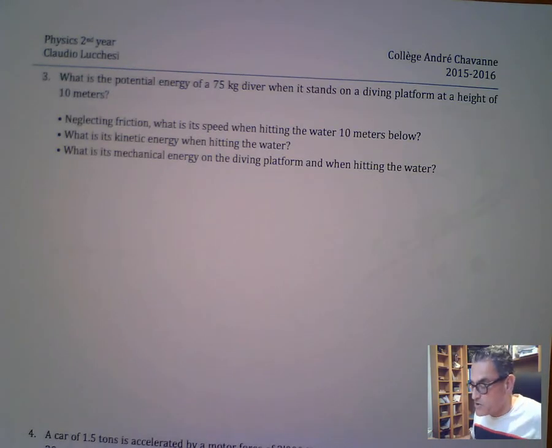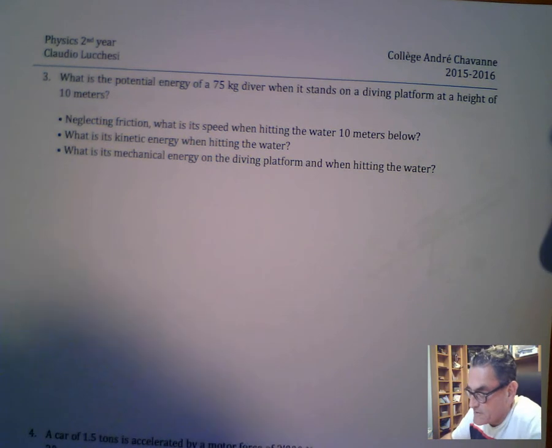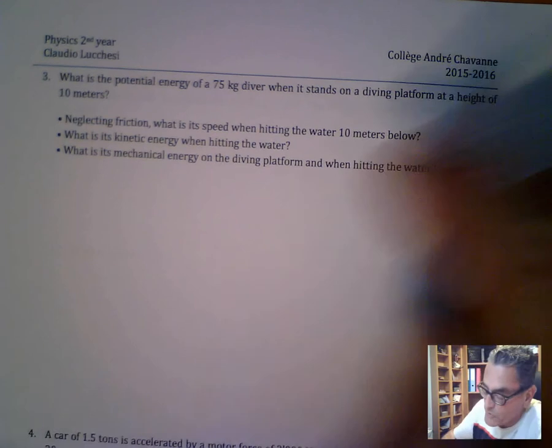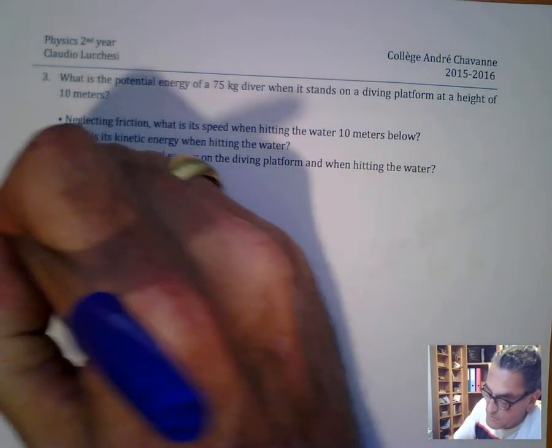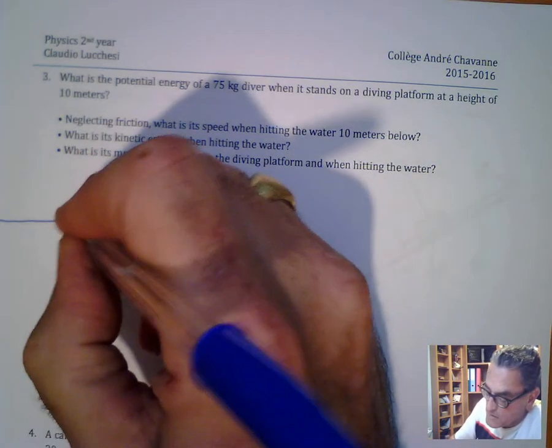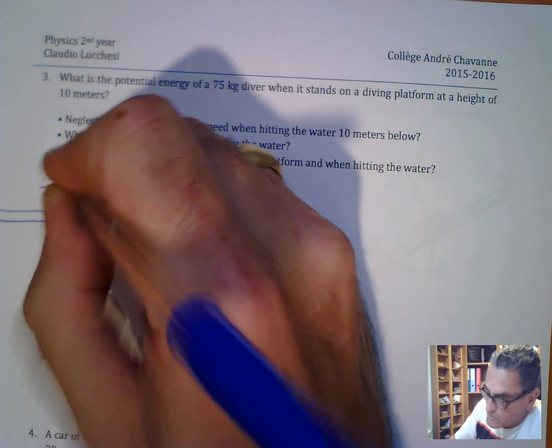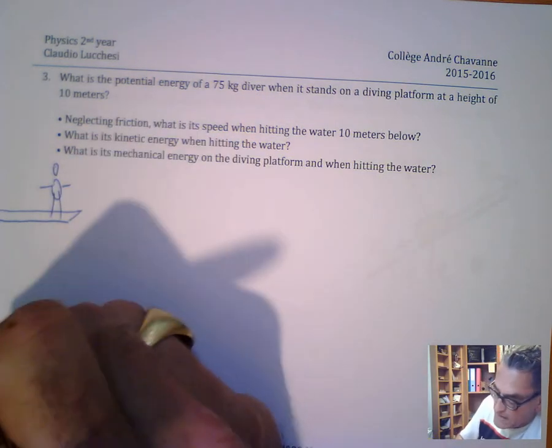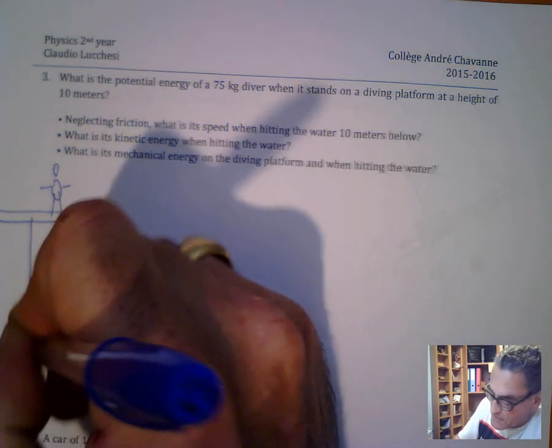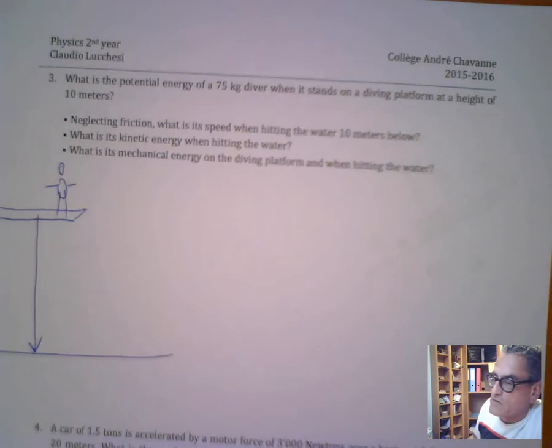What is the potential energy of a 75 kilo diver, not driver, when he stands on a diving platform at a height of 10 meters? Okay, let's illustrate this. We have here our diver ready to fly, and this diver is at a height of 10 meters.